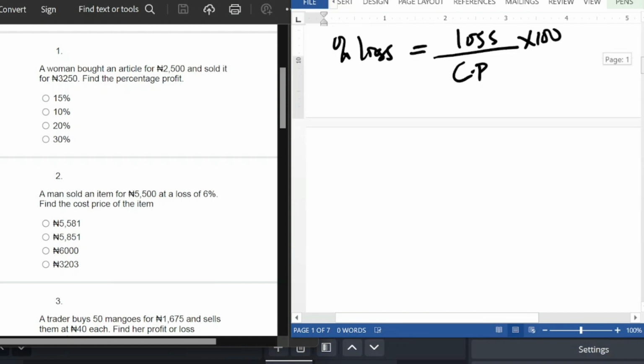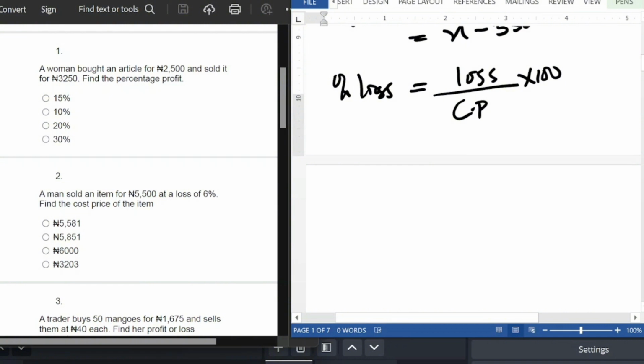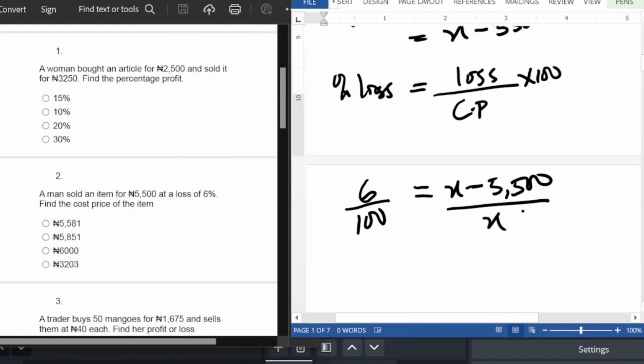Let's now put in the values. The loss percentage is 6%, that is 6 over 100. Once you use 6 over 100, you do not use 100 here again. So the loss, which is X minus 5,500, divided by the cost price, which is X. From here, it is X we are looking for.